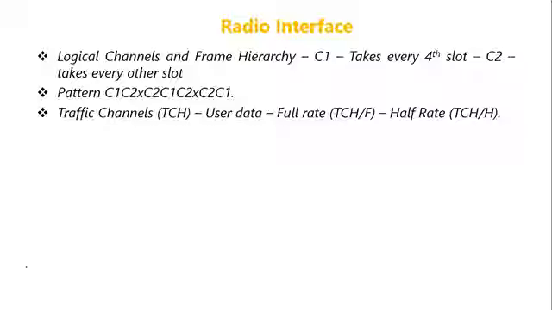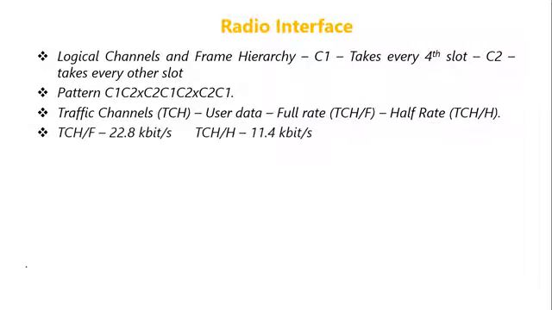There are two basic categories of traffic channels, that is TCH. TCH stands for traffic channel. Two basic categories of TCH were defined. One is full rate TCH, which is called TCH/F. The other one is half rate TCH, which is also called TCH/H.